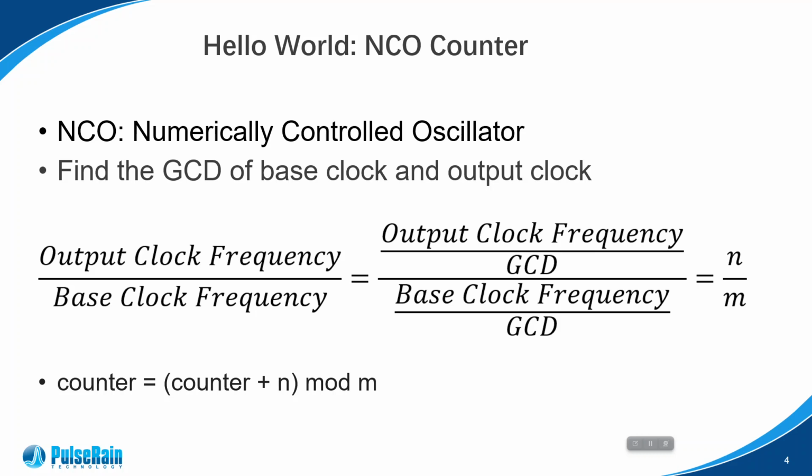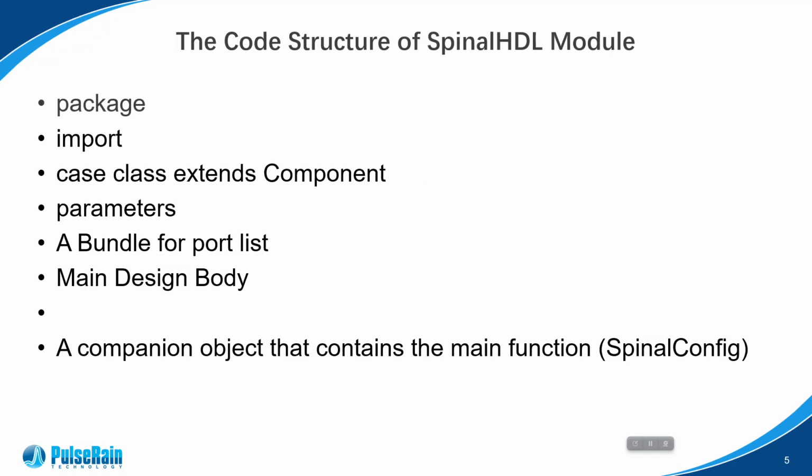Then for the counter, for every base clock cycle, we just add n and take the modulo by m. If the counter rolls over, we generate a clock pulse. So that's very straightforward. Okay, now let's look at the code.